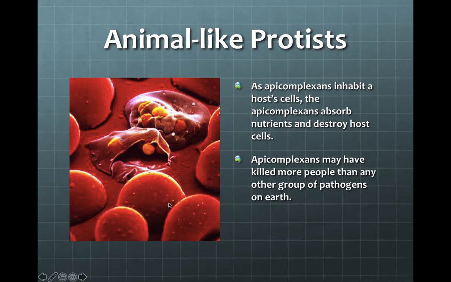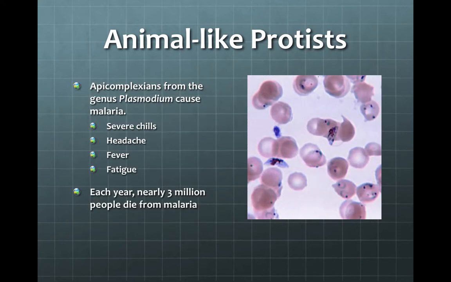These right here are red blood cells, and so these are burst red blood cells, and these have parasites inside of them. Apicomplexans from the genus Plasmodium cause malaria, which gives you severe chills, headache, fever, and fatigue.